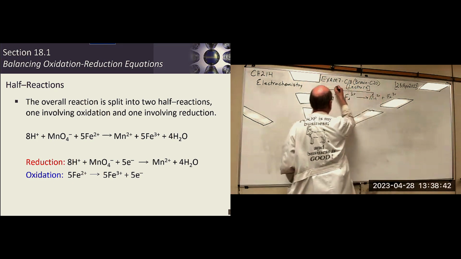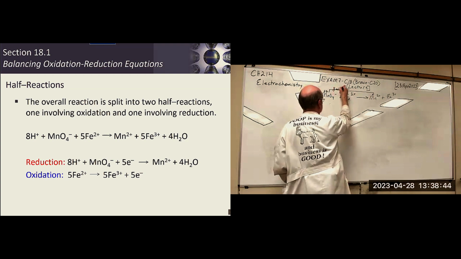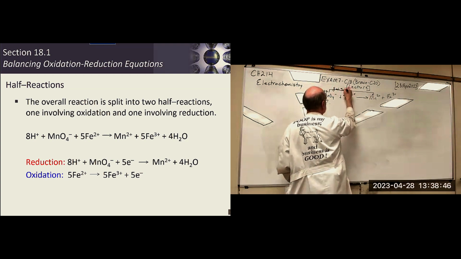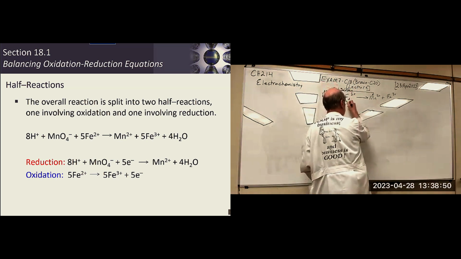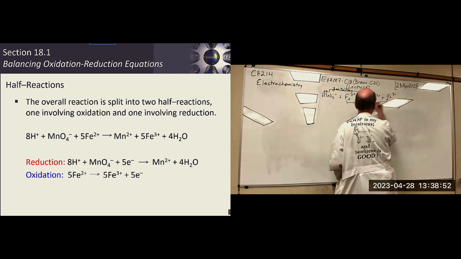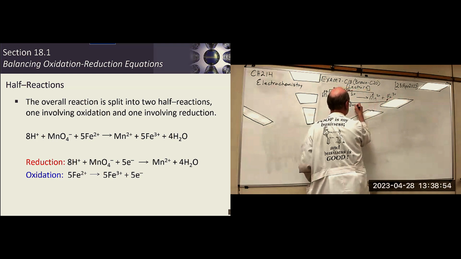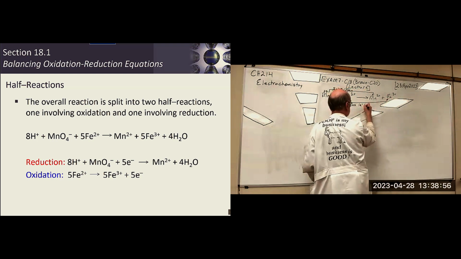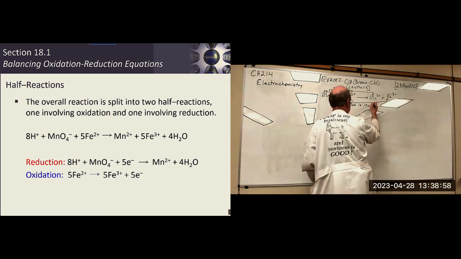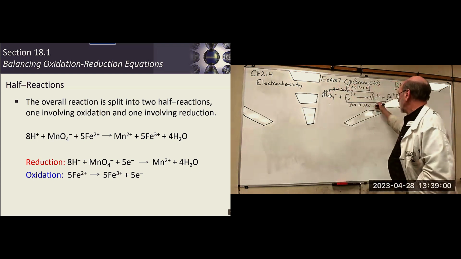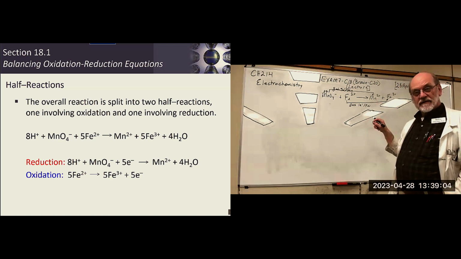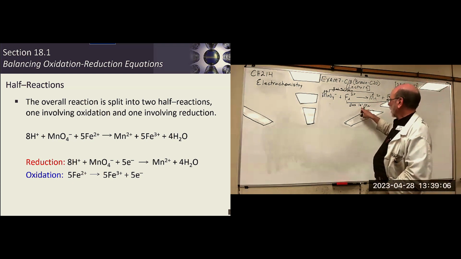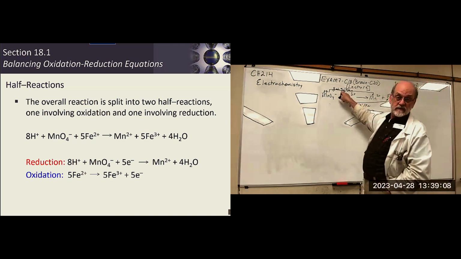So it gained 5 electrons per manganese. The iron, on the other hand, is being oxidized. It has lost 1 electron per iron. And we know that that's not balanced, for one reason, 1 electron doesn't balance 5 electrons.